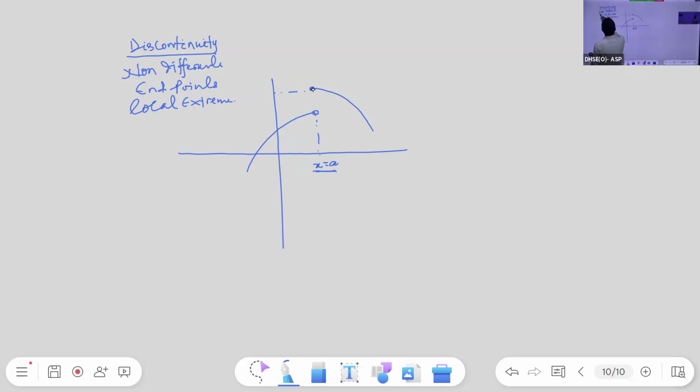Then second, non-differentiable points. Suppose the graph of a function is like this.